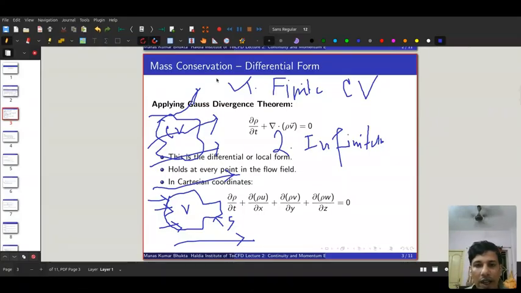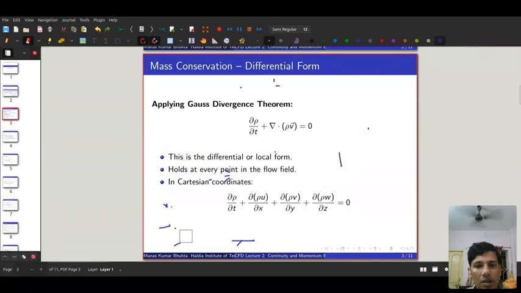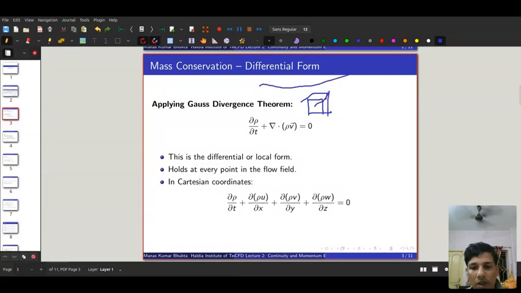The next approach is the infinitesimally small fluid element. Suppose you see here, this is a small fluid element, a 3D case. Here these are the streamlines, and the arrow shows the direction of the streamlines.